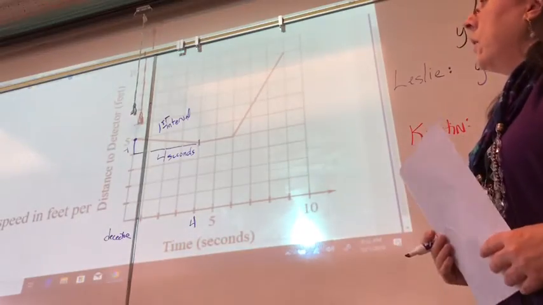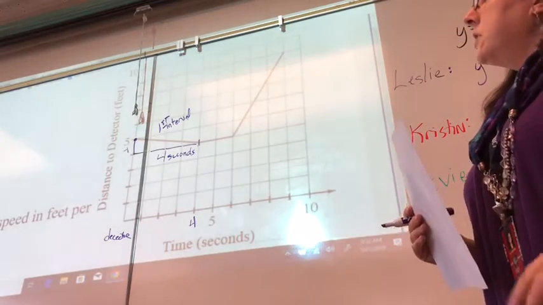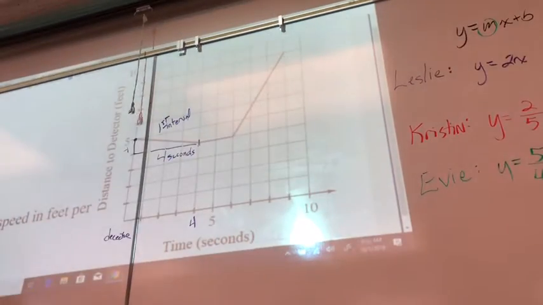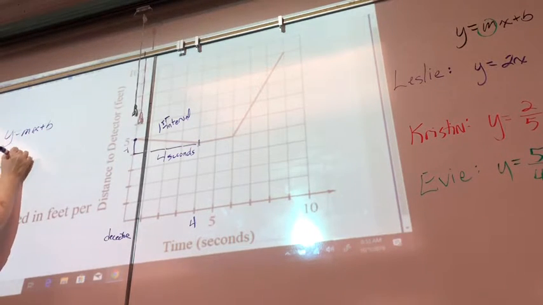All right, so that's what's happening in our first interval. If we were to write an equation for this, what would this first interval equation look like? I'll put it right here. We know we have our formula, y equals mx plus b. So y equals what?